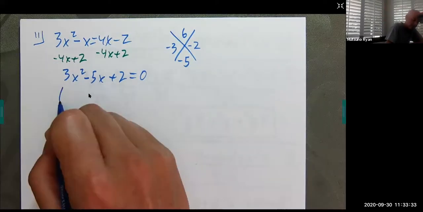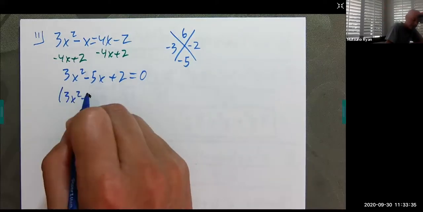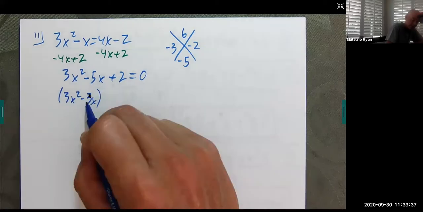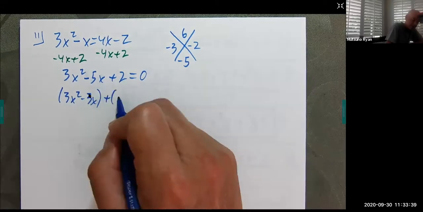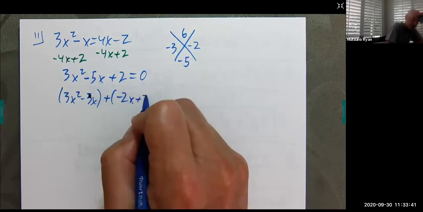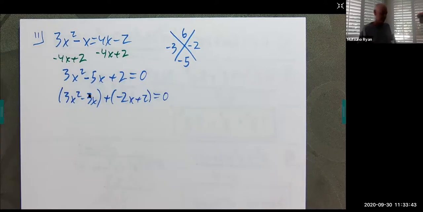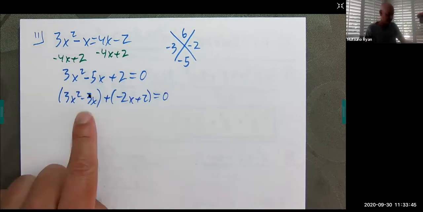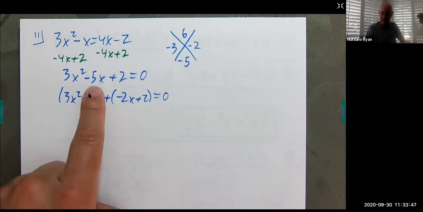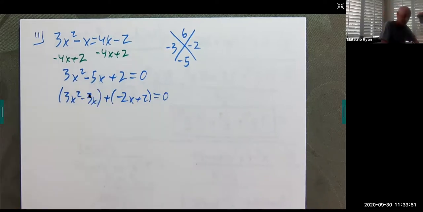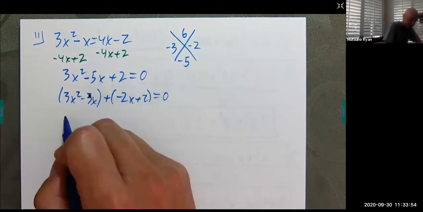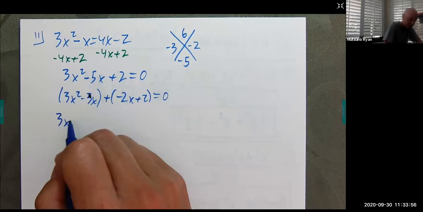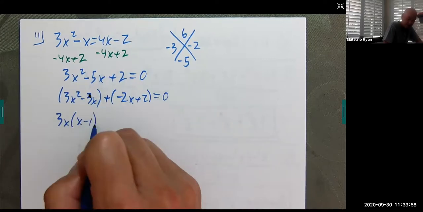So in front, I have 3x squared minus 3x, there's the minus 3, plus negative 2x plus 2. So there's my negative 3x minus 2x to give me my negative 5x. But I'm going to factor this by grouping. I'm going to pull 3x out here. And a negative 2 there, because that's a negative there.